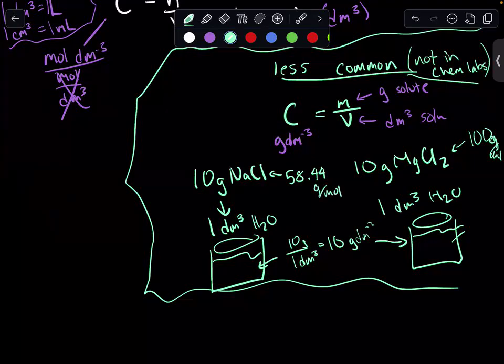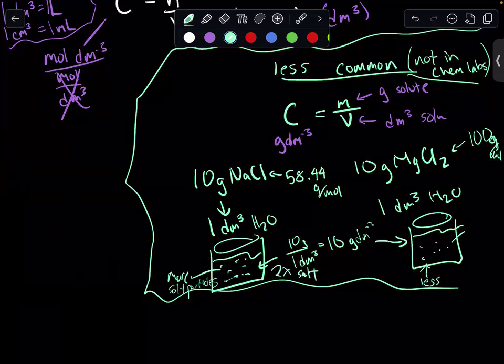This one I just have memorized because I use it so much. But because of that, we actually have more salt in here. There are more salt particles, while there are less here by about 2 times. This has about 2 times the salt.